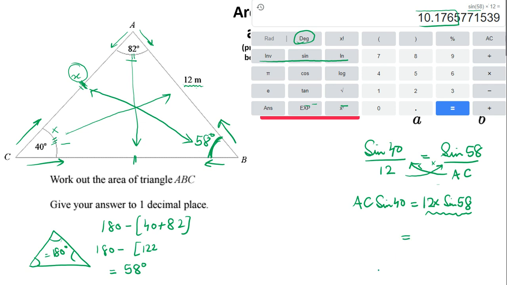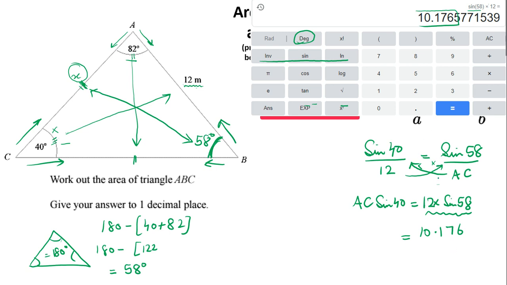While your solution is going on, just make sure not to round it off to 1 or 2 decimal places, because in the end you'll get not a very accurate answer. So while you're solving, just make sure that you keep it to 3 to 4 decimal places. Once you're done, then maybe you could just round off to three significant figures or 1 or 2 decimal places.